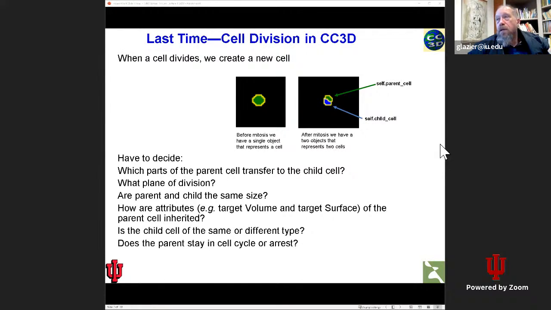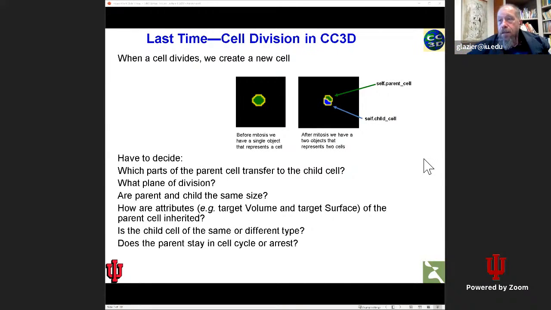Typically we call the cell that persists the parent cell, and the new cell the child cell. The main idea that you have is a plane of division. That plane of division can either be fixed, random, or along the long or short orientation of the cell. And you can do fancier things if you want.